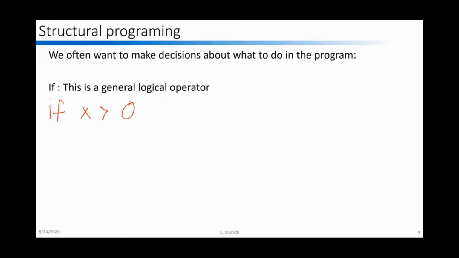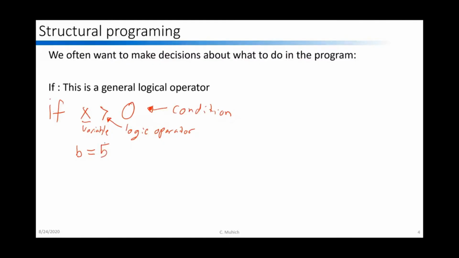So if a variable x, so here we have our variable, this is our logic operator, and then this is our condition. So if x is bigger than 0, maybe then b is equal to 5.